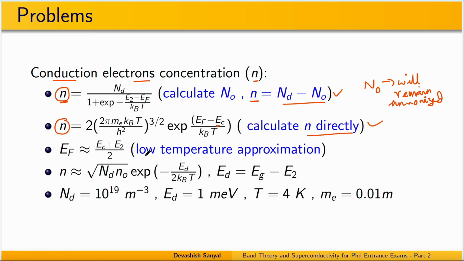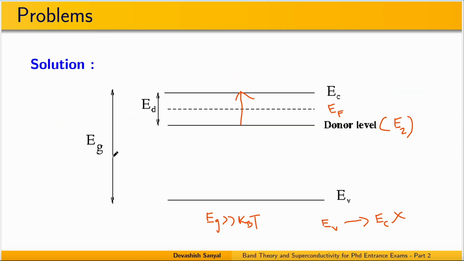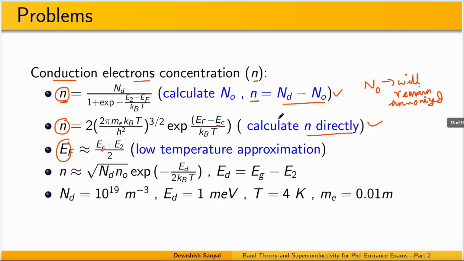Now at a very low temperature approximation, it can be shown that this Fermi energy is almost equal to (EC plus ED) divided by 2. That is, it lies somewhere in between. So you can use this result here, and using some approximation, you can directly come to the expression that we will use.